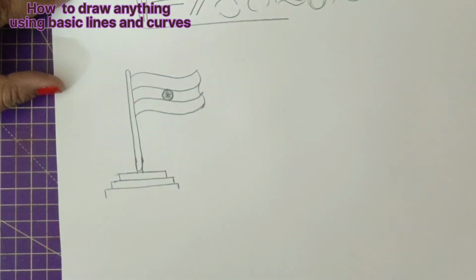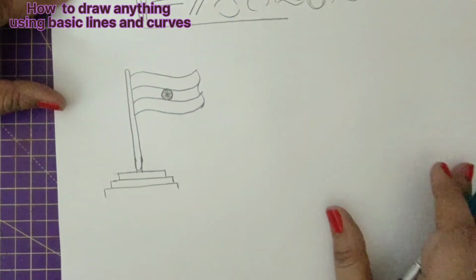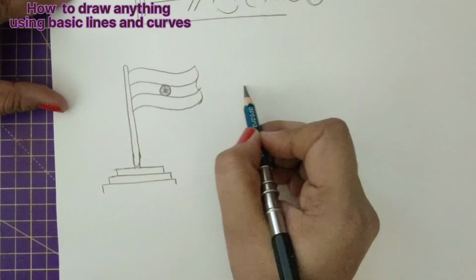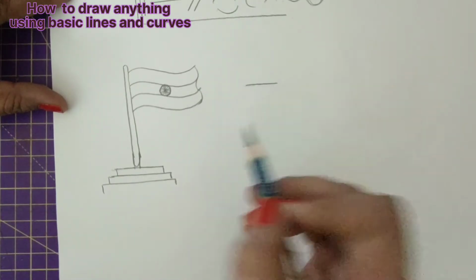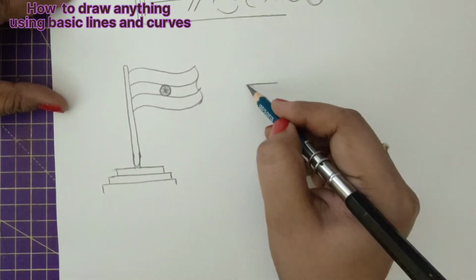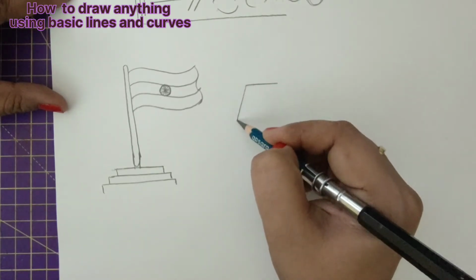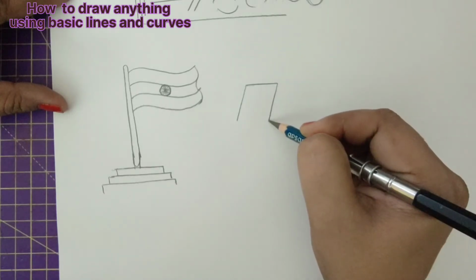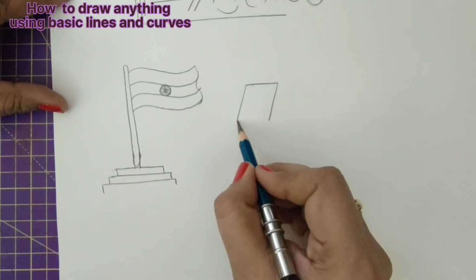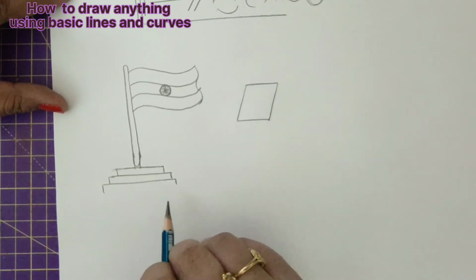Now we have done this. Let us see how we can draw a book with simple shapes. Just give a sleeping line, and now give a slanting line over here, and here also a slanting line, and now again another sleeping line.